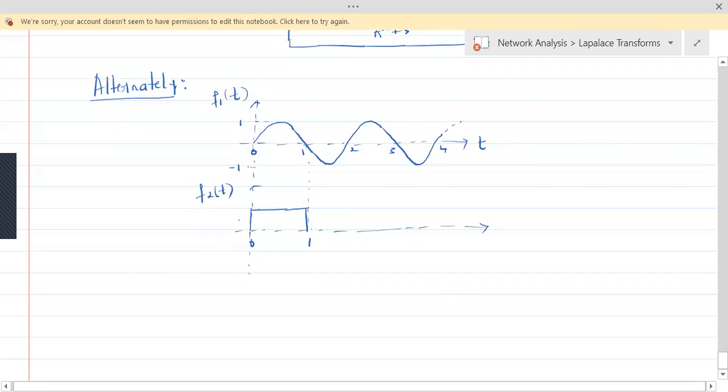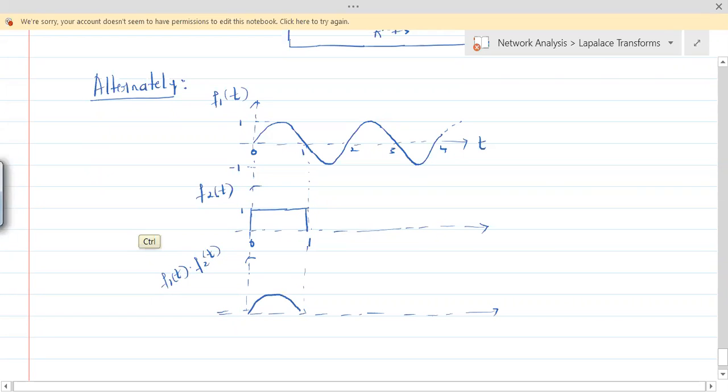See here, this is 1 now. So which operation would you perform? If you perform f1 of t into f2 of t, you would get the given signal. Okay, so this is another way of dealing with it.